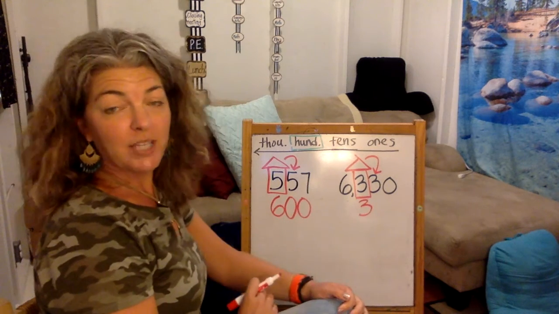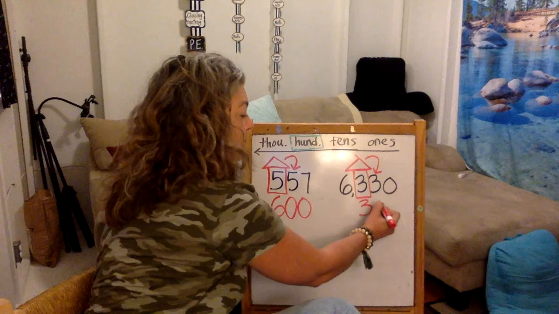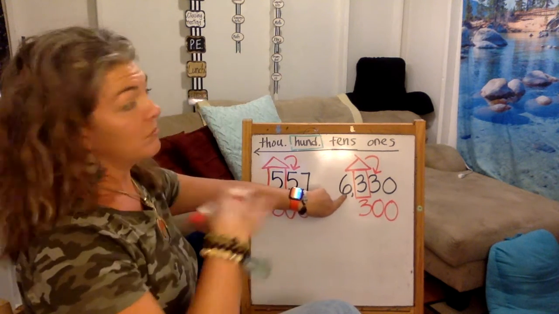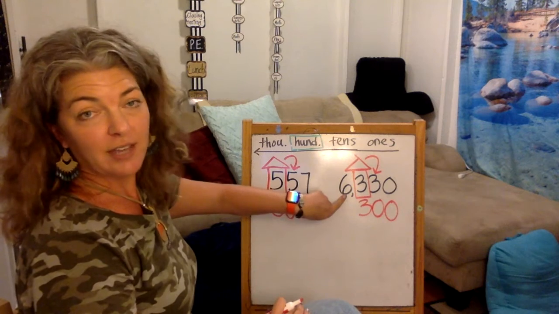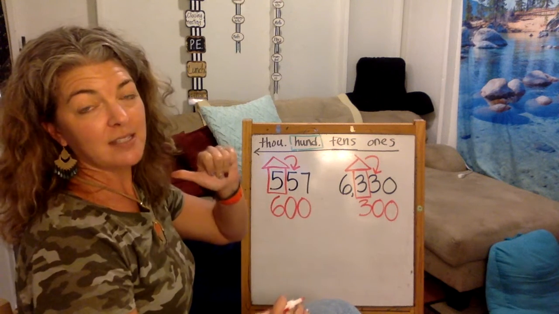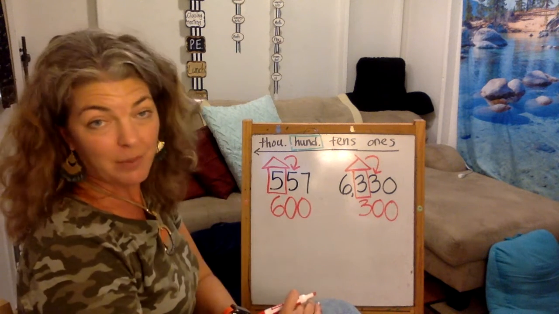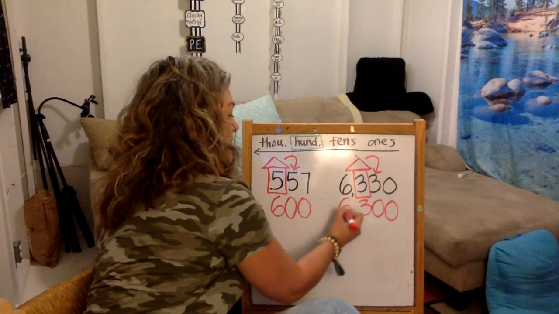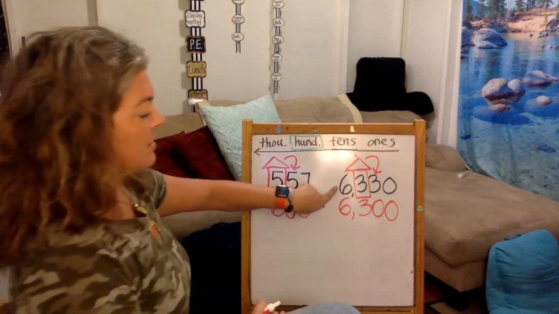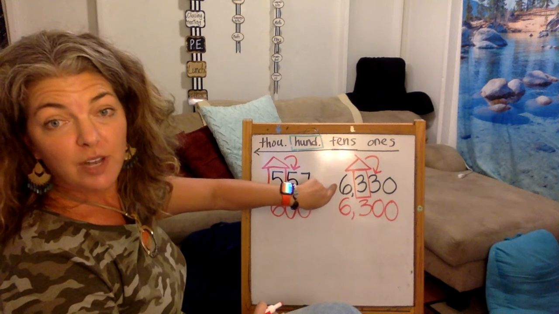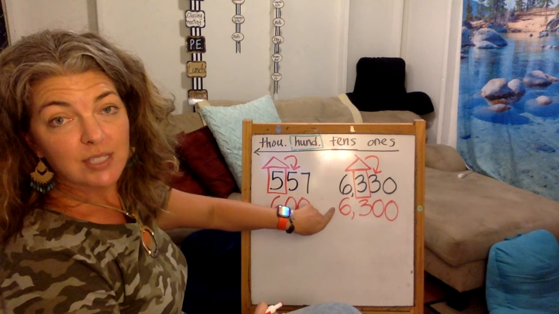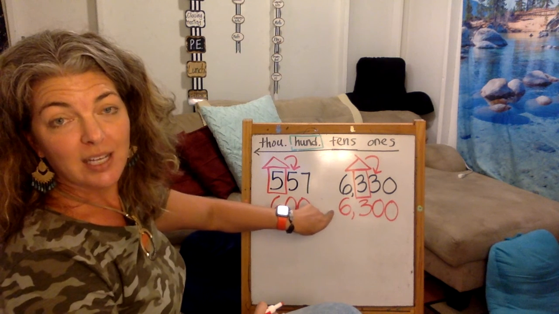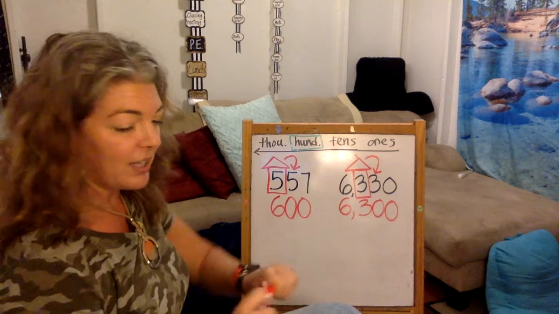I'm done with them. I do not need their help anymore. Lefty, we never ever talk to Lefty. The number on the left-hand side, no matter how many of them are, we don't talk to any of them. 6,330 rounded to the nearest hundreds is 6,300. This is what your answer should look like.